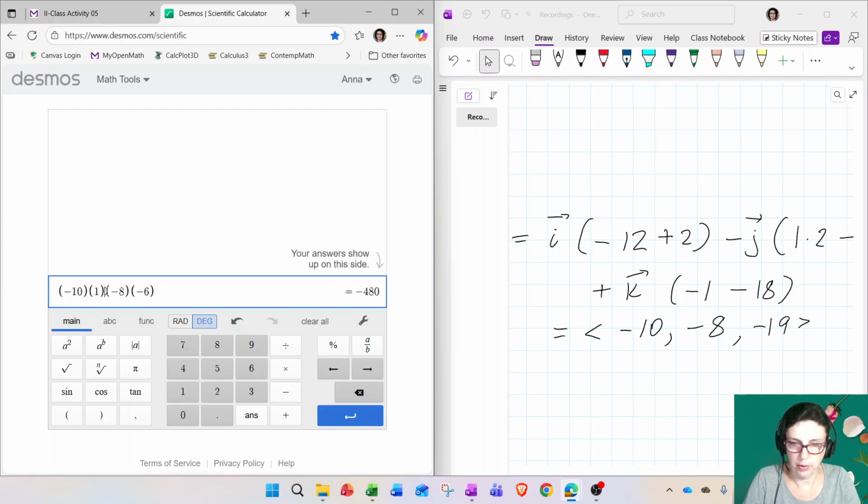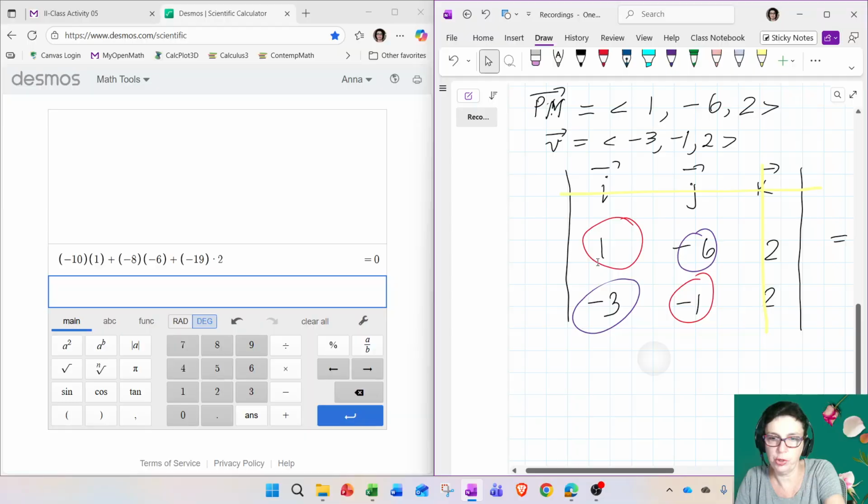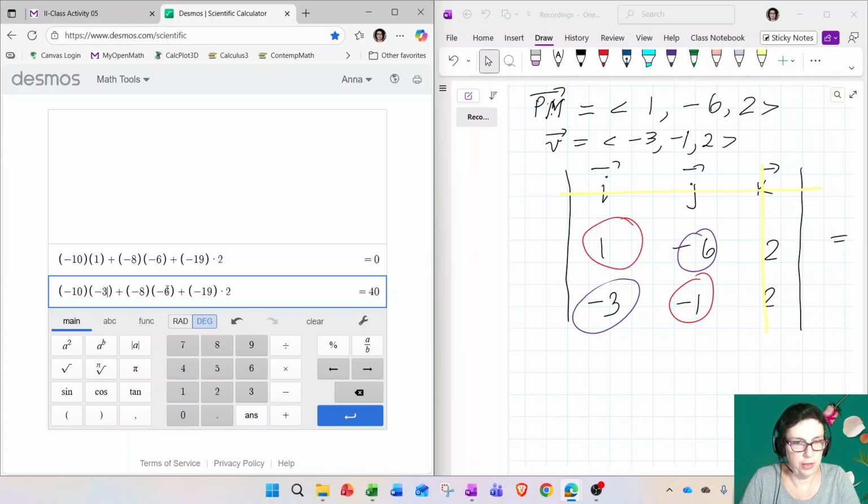We're adding them up, and we got 0. Excellent. Now we want to also multiply this, so let me just copy paste this over here, by the second vector, which is going to be -3, -1, and 2. And that's also going to give us 0. Great, so we found the cross product correctly.